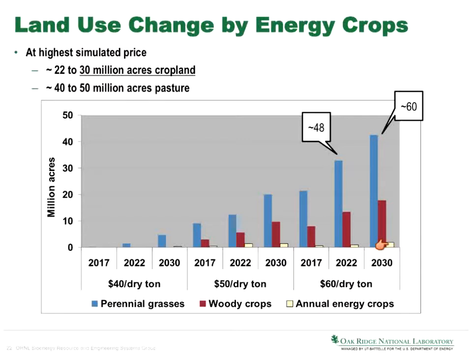So all those combined, we're talking about approximately 60 million acres of agricultural land allocated to dedicated feedstocks.